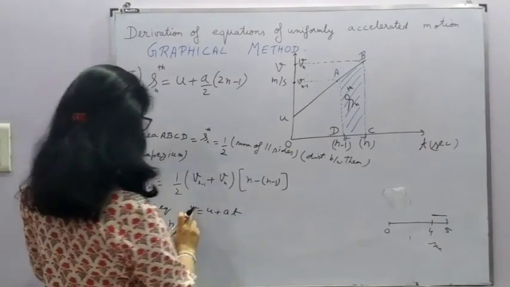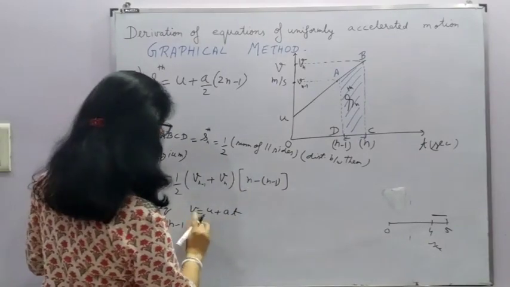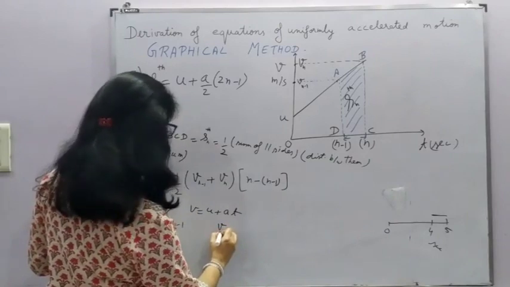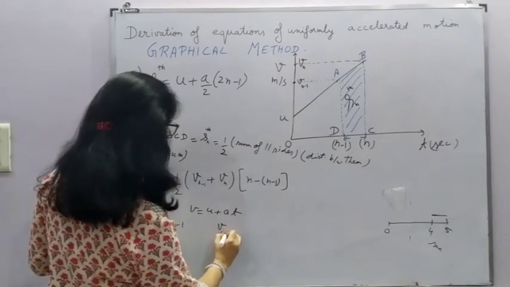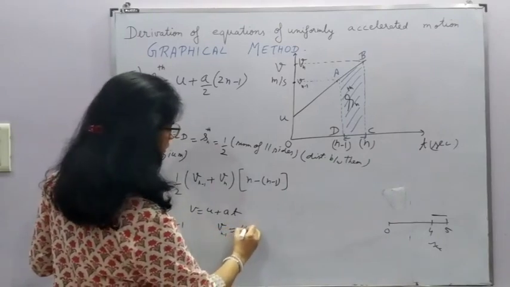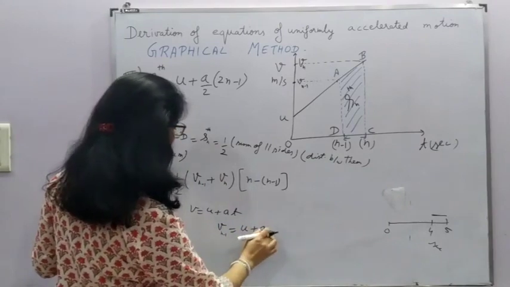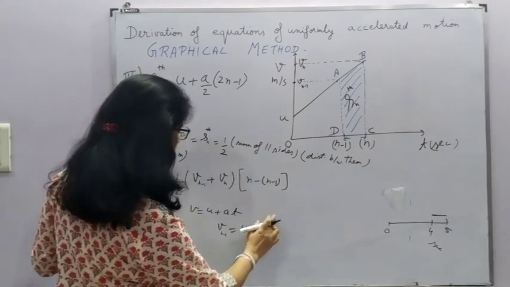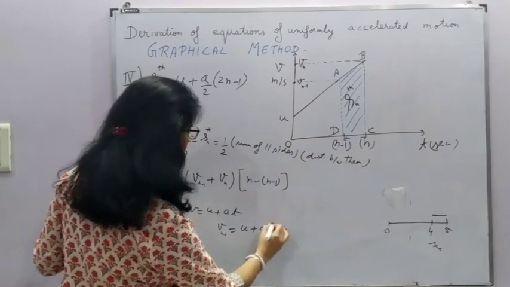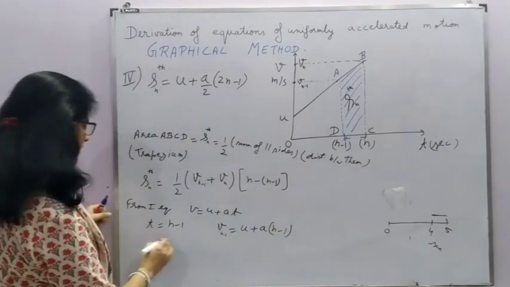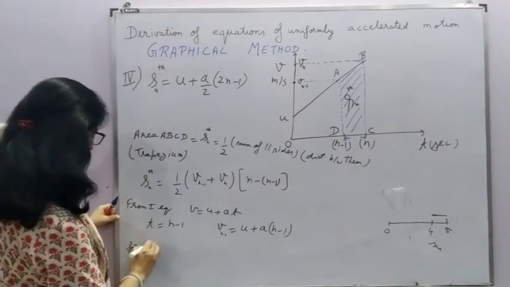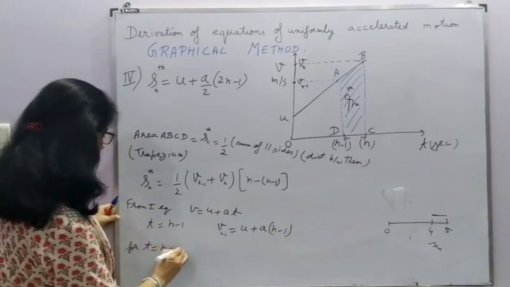So we have to find for this case. Here in this case, V will be what? V will be velocity at n minus 1 second is equal to U plus A into time n minus 1, right?